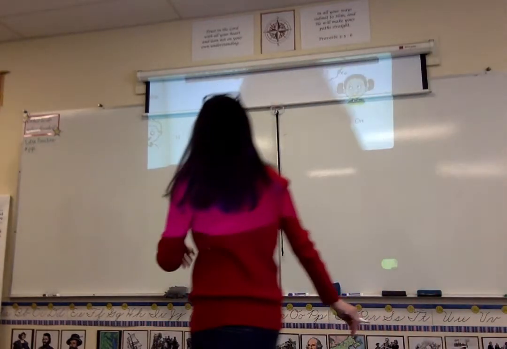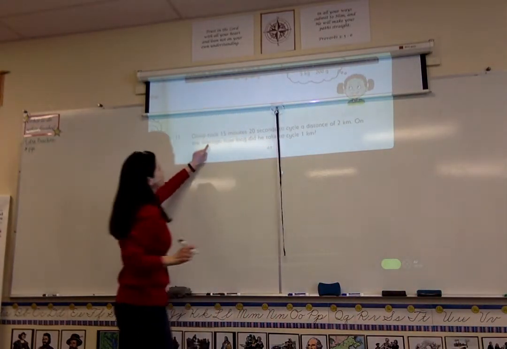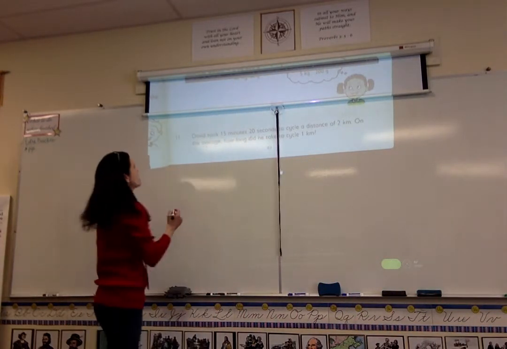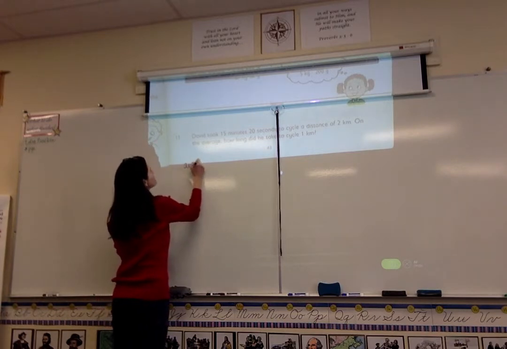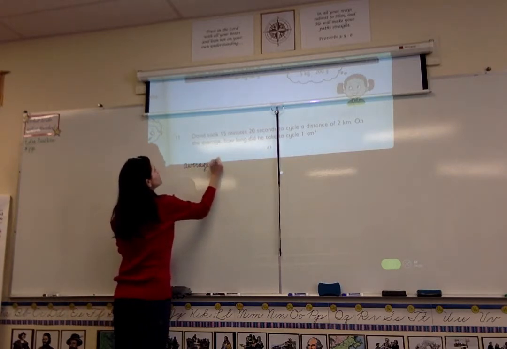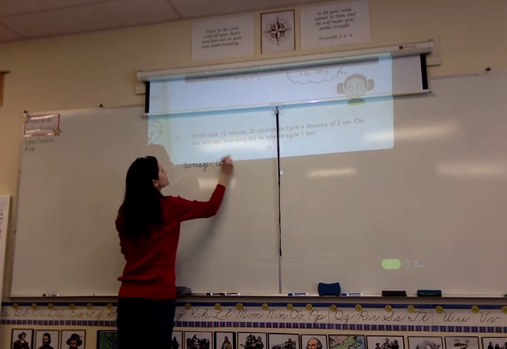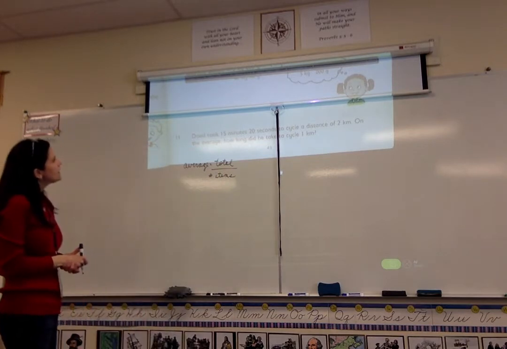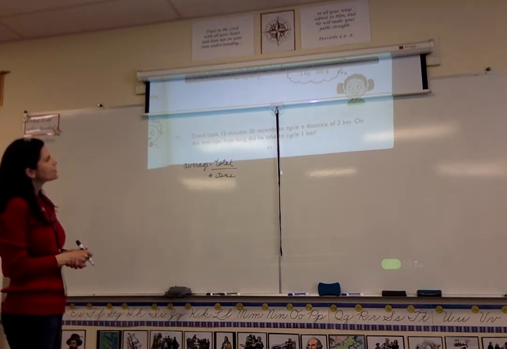Okay, so we're being asked for average. And remember, the average is the total divided by the number of items or number of groups. So, his total time was 15 minutes, 20 seconds. And we're going to divide that by the number of kilometers that he rode, which was 2.